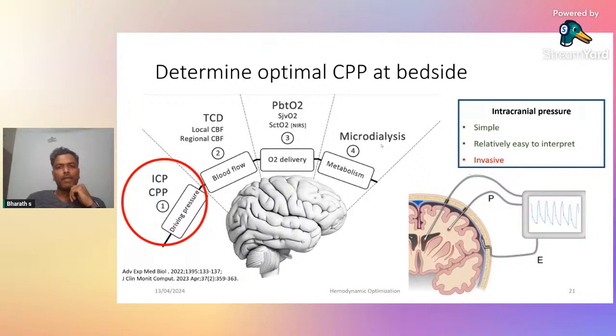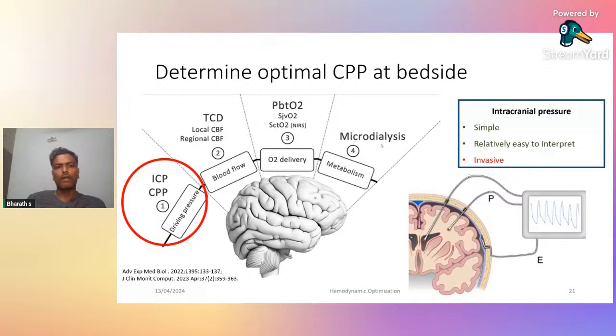And the main advantage of ICP monitoring is that our surgeons are very comfortable with it because it is the oldest way of looking at the brain. And it is very simple. As long as you place a catheter, either an intraventricular or an intraparenchymal catheter, you will get the intracranial pressure. And this intracranial pressure in itself can be treated to control and improve the cerebral perfusion.